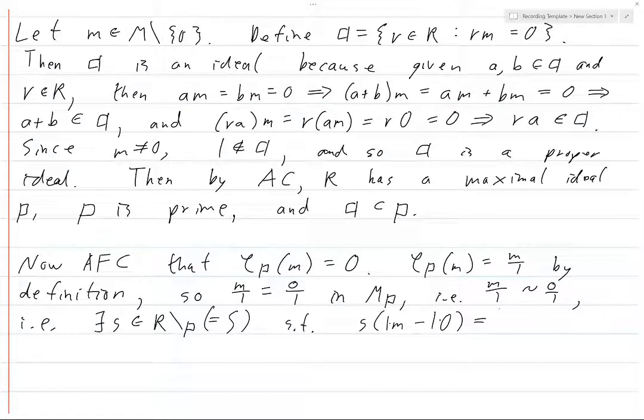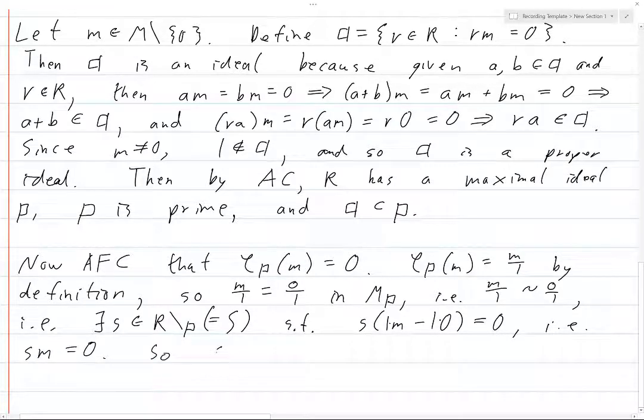Oh yeah, I have equal to 0 here, and on the next line I had something equal to the empty set, and that doesn't make sense. So you just do this and it's just s applied to m equals 0.